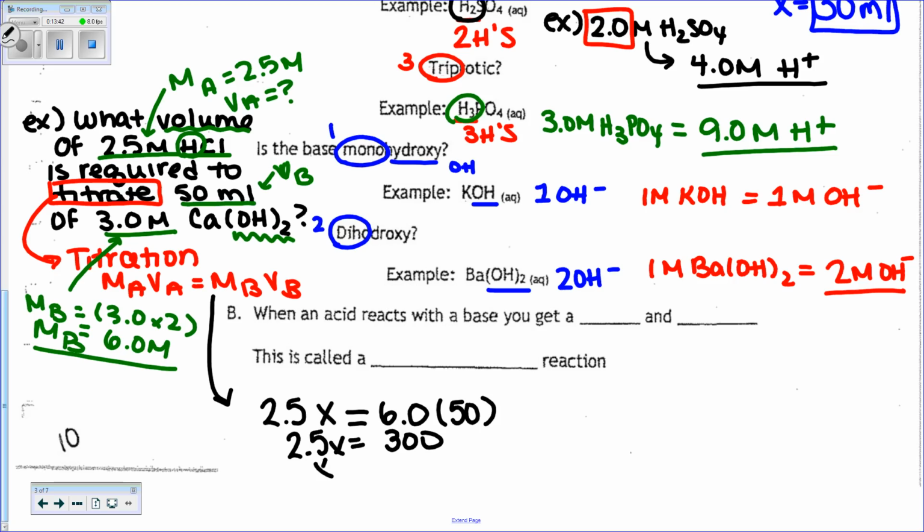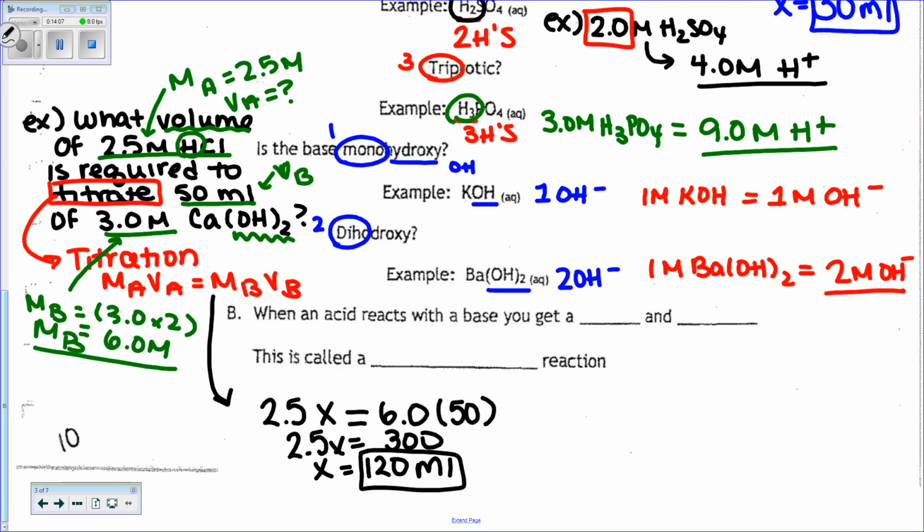If I solve for x, I'm going to get x equals 120. My original volume was in milliliters for my base, so milliliters down here. I need 120 milliliters to neutralize, or to titrate, HCl and Ca(OH)2.